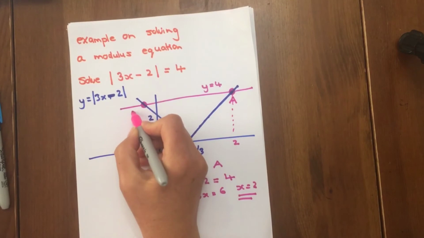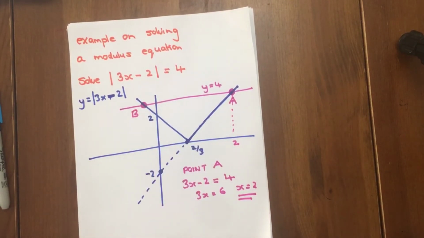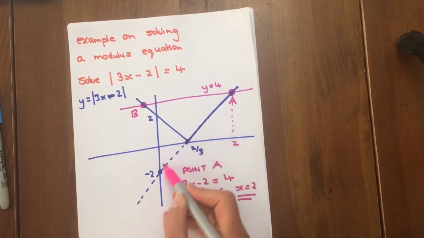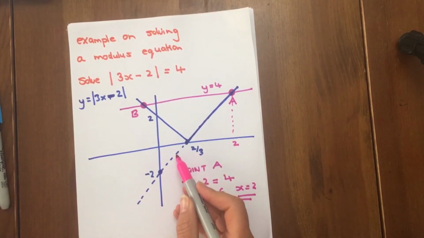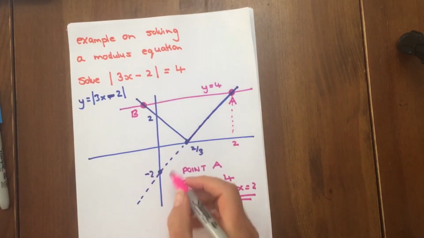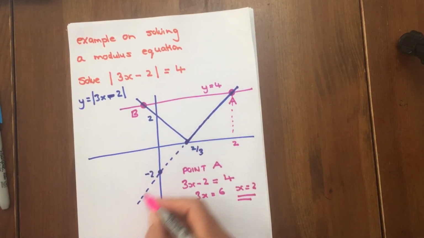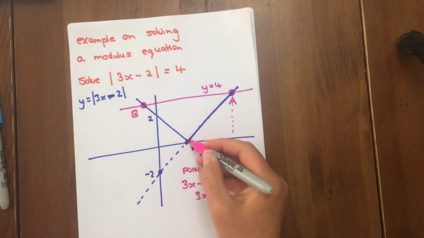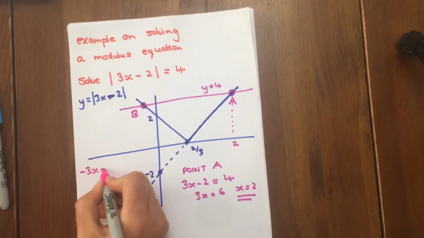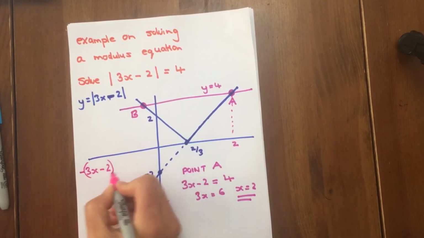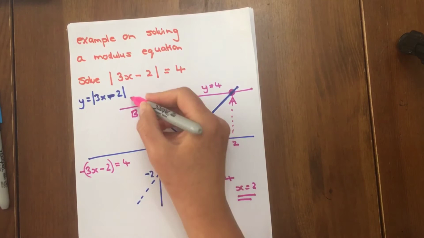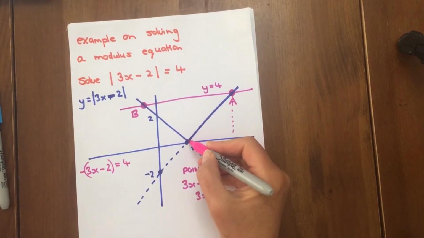Let's look at point B now. Well, point B is where this 3x minus 2 is flipped. So this is y equals 3x minus 2, but this is y equals minus 3x minus 2. So I'm actually solving, put the negative sign outside, the negativeness equals 4, because this line is negative 3x minus 2.